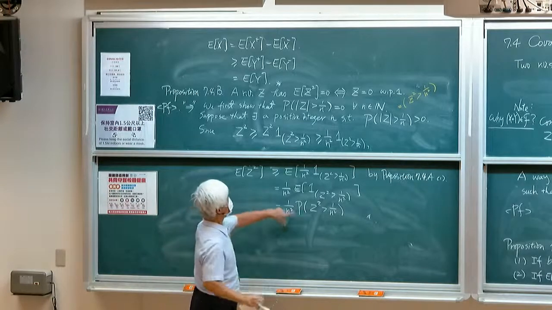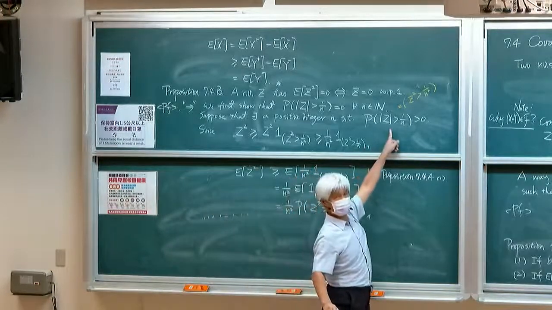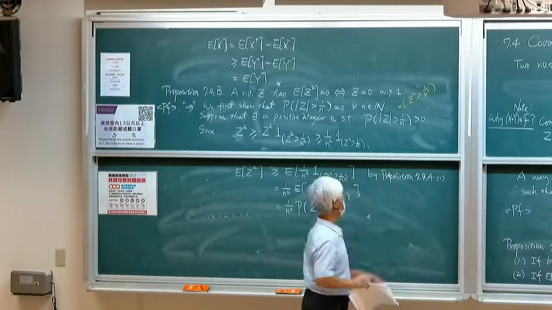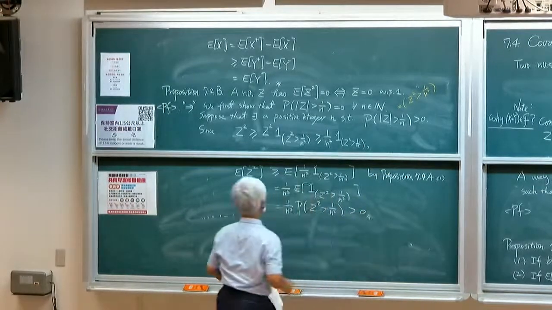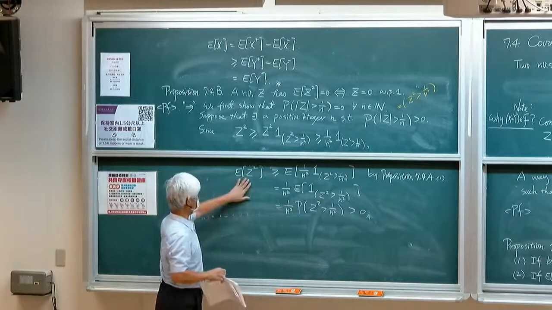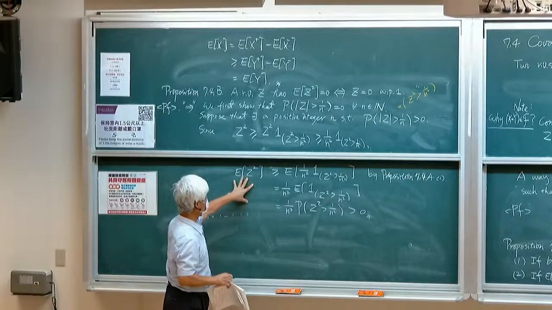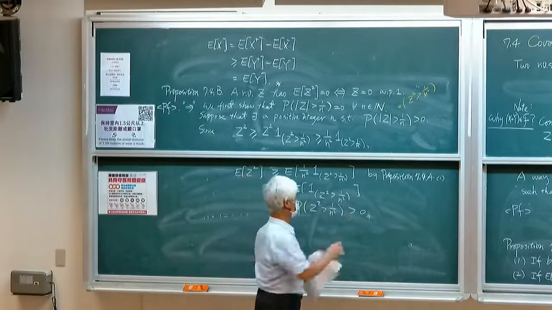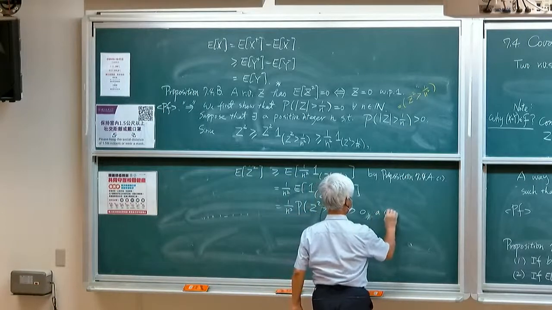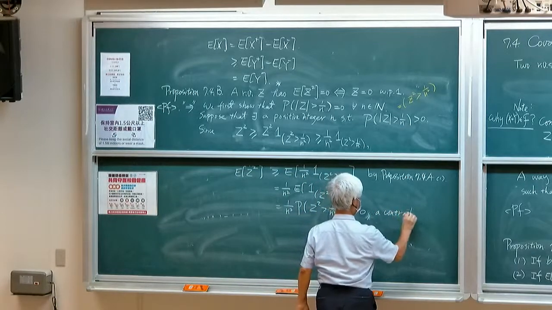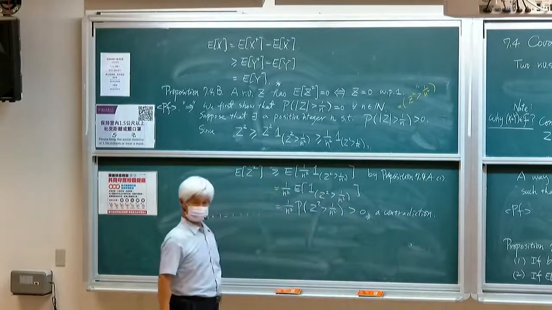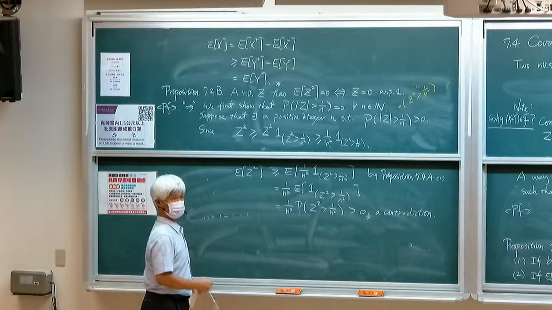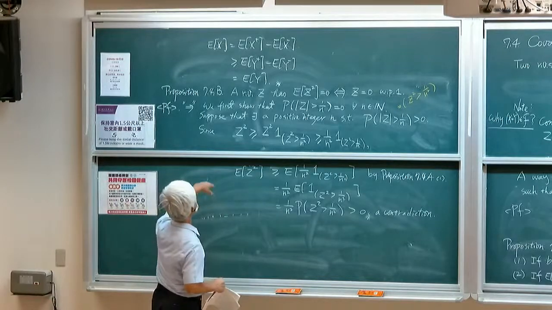And here we have assumed, suppose that this is positive, so this is positive. So we prove that the second moment of Z is positive, which is a contradiction. Okay? So this is a contradiction to what?